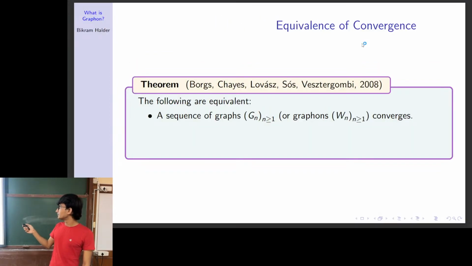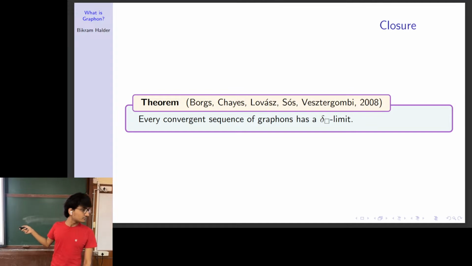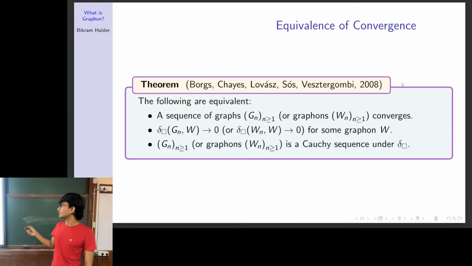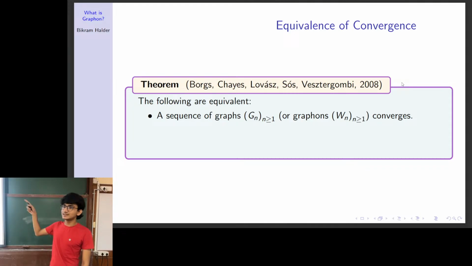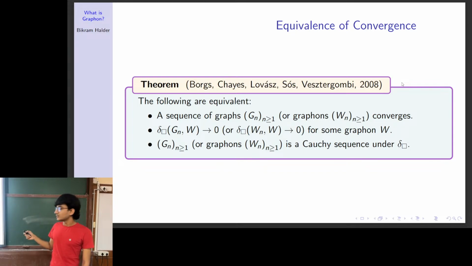So, in 2008, these five people showed that actually yes, if a sequence of graphons or graphs converges in our density sense, then it converges also in our distance, where of course we identify two graphons if they are almost everywhere the same, and it is a Cauchy sequence under the cut distance.